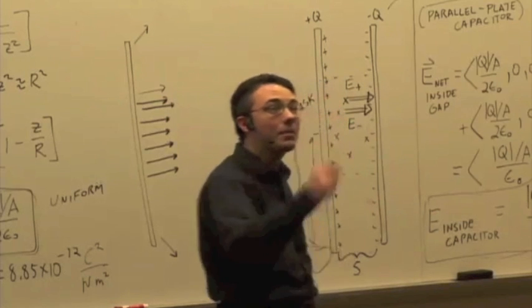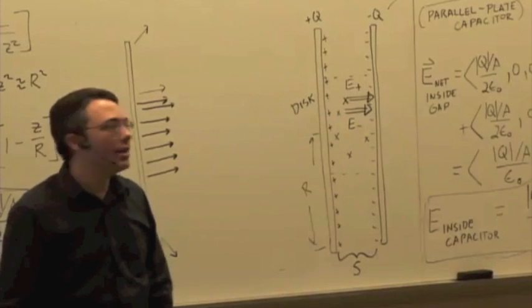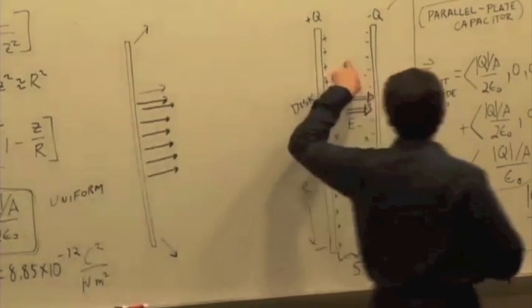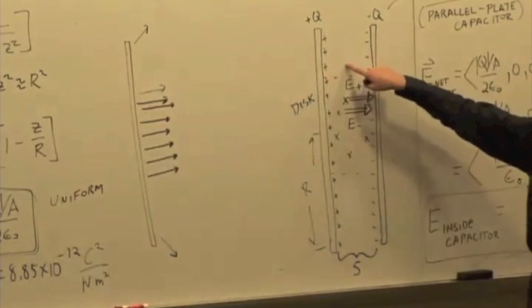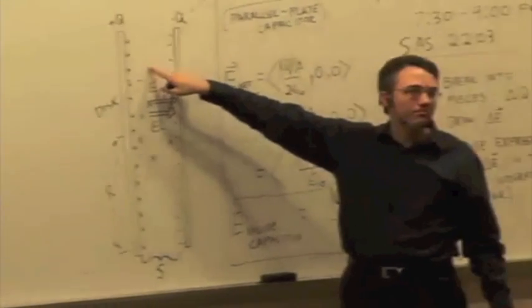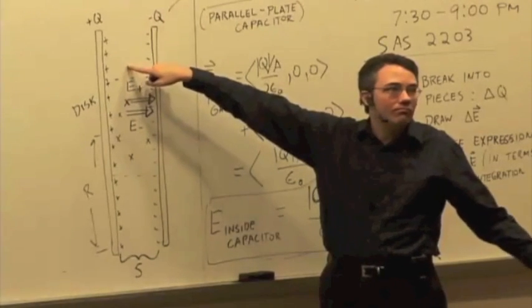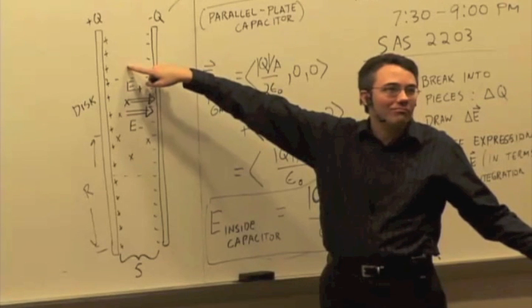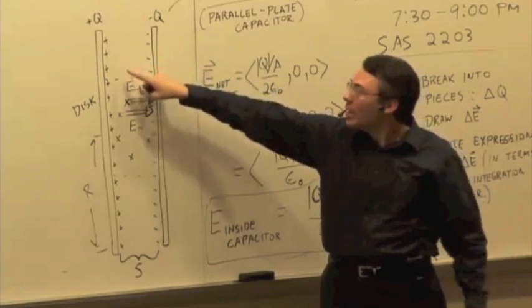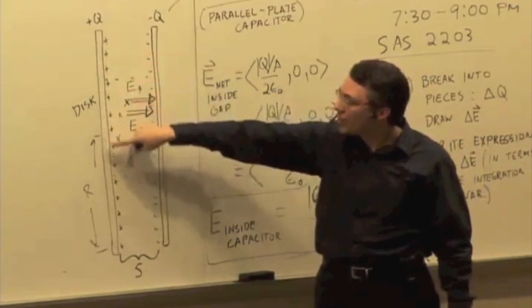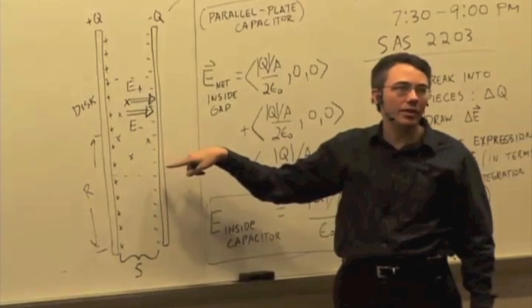Okay. Yes? Well, what's inside this gap? What's at this location? Nothing. Yeah, there's nothing here. Okay, so where is the charge? The charge is on the plates. Okay, the charge is on the plates.